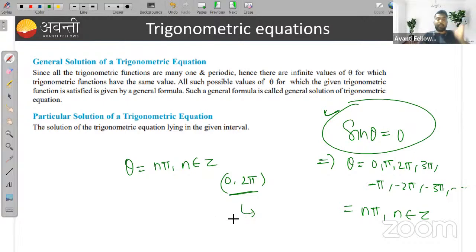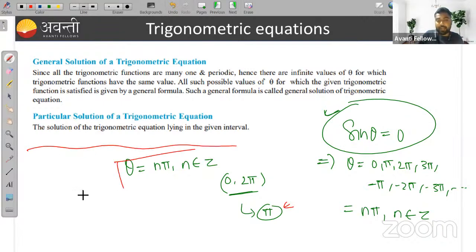So pi, which belongs to the open interval 0 to 2 pi, is the only solution when sin theta becomes 0. This type of solution is called a particular solution, and this is my general solution. I hope this is clear to all of you. Clear?